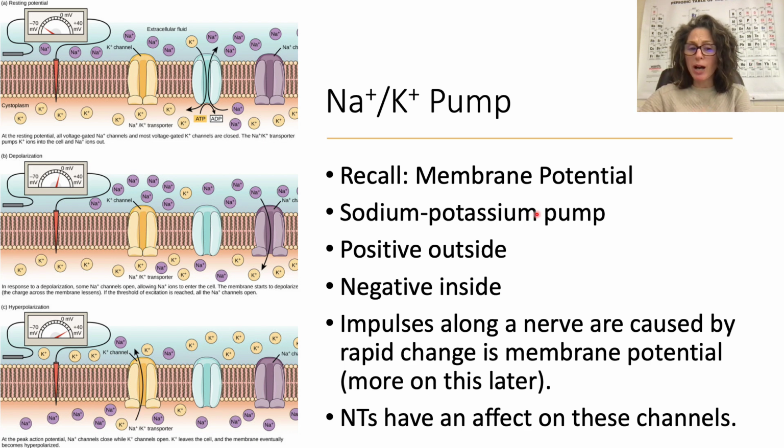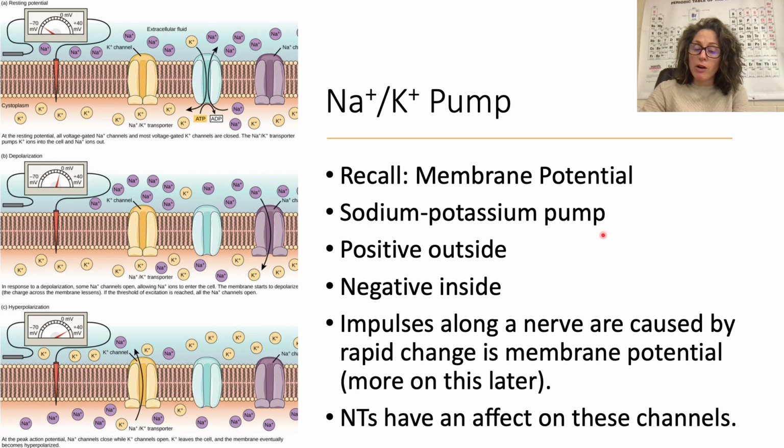It's all caused by a change in membrane potential, so positive and negative charges. If you remember, the sodium-potassium pump would pump out 3 sodium and pump in 2 potassium. So a positive charge on the outside of the cell is being created and a negative charge on the inside. Impulses along the nerve are caused by rapid changes in the membrane potential.